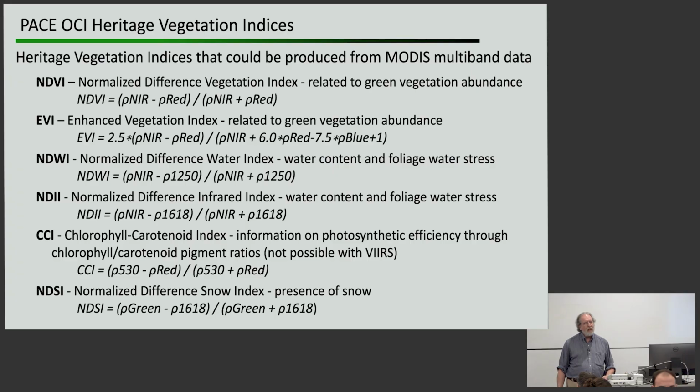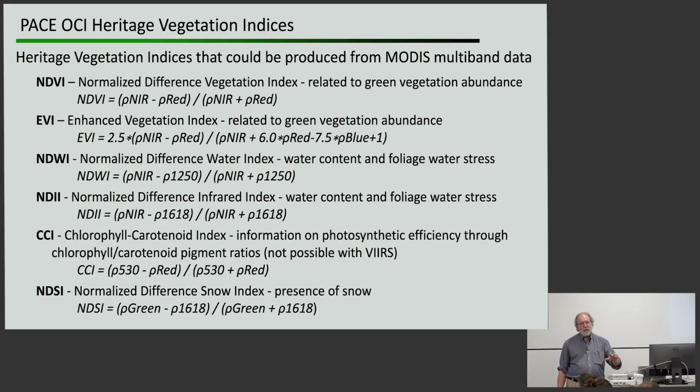I'll just add, CCI is the reason I am here, because when MODIS started up, we were working on trying to look at leaf pigments prior to MODIS. And the 530 band that's in the CCI is a band that we were really interested in. In the MODIS land bands, they don't have that band.